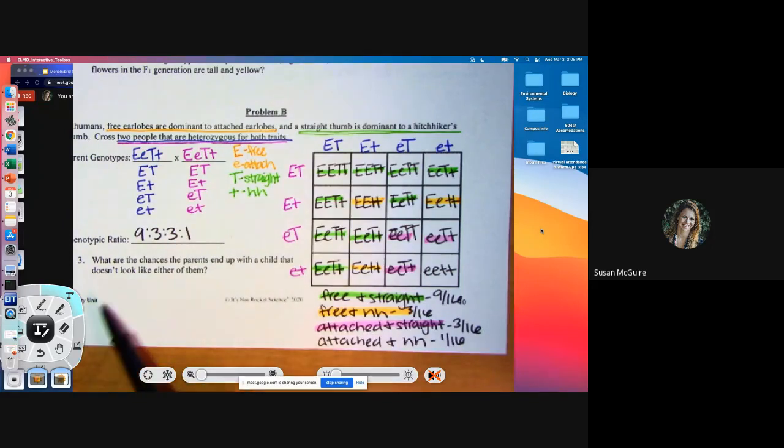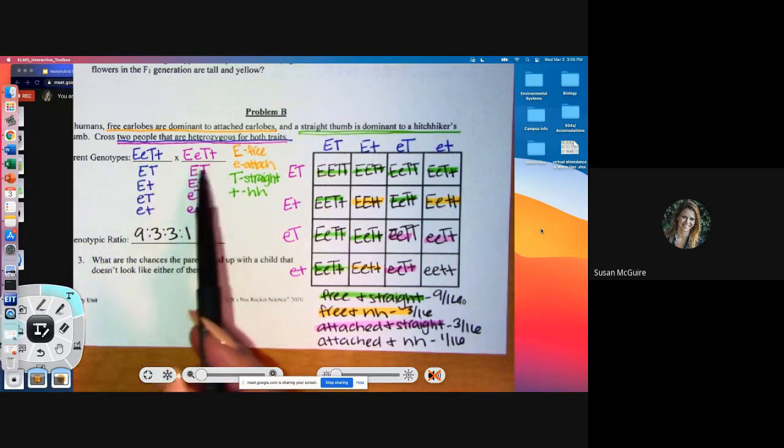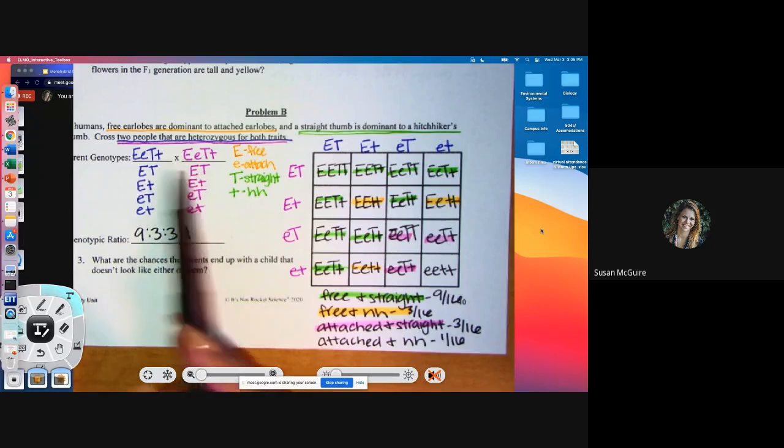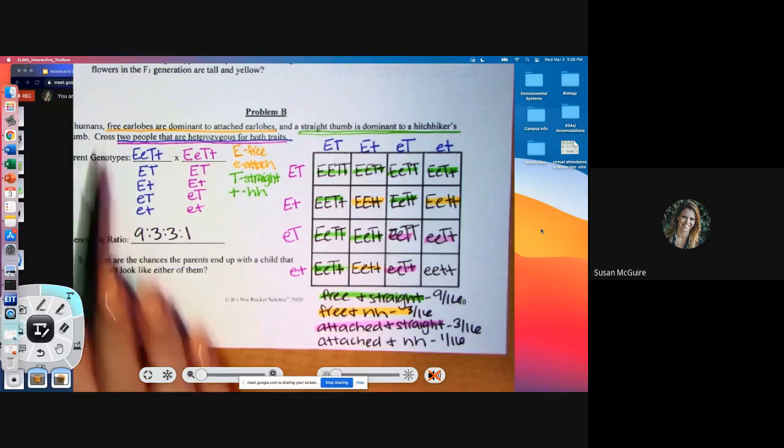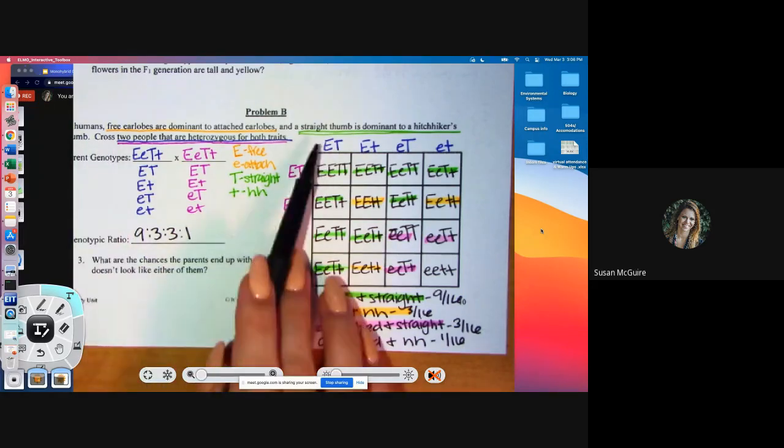Okay. And then what are the chances the parent ends up with a child that doesn't look like either of them? So if they're both heterozygous for both traits, they both have at least one dominant. So then they're both going to have free earlobes and straight thumbs. So what's the chances of them having kids that don't have both free earlobes and straight thumbs?